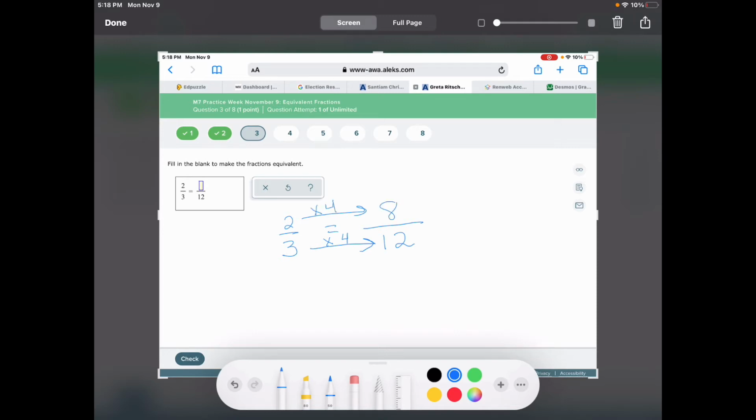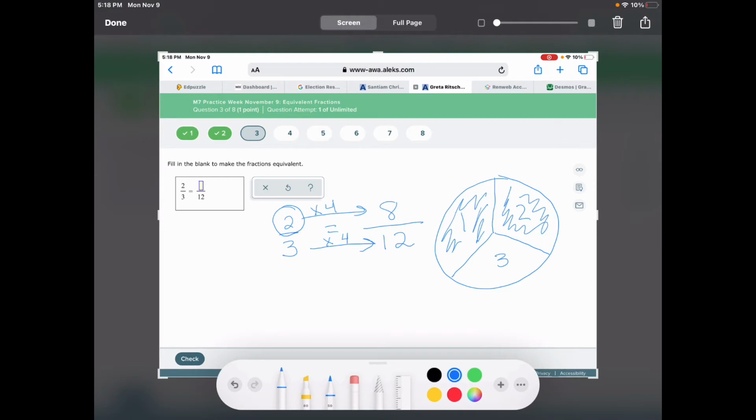So for example, let's say I have thirds, so I've cut into 1, 2, 3 pieces, and remember the top number tells me how many of those I have.